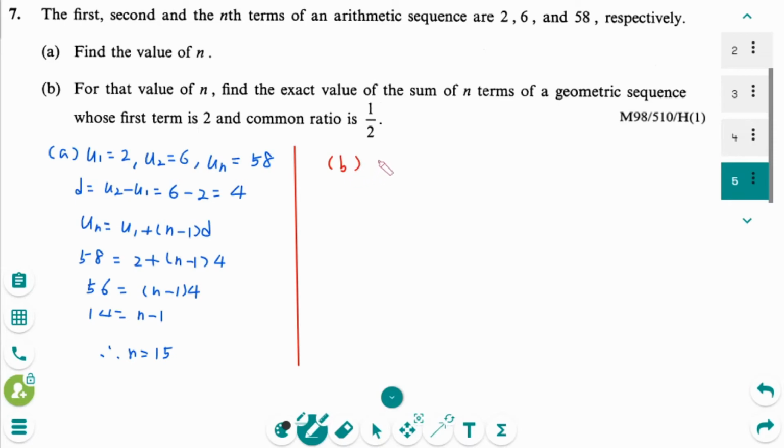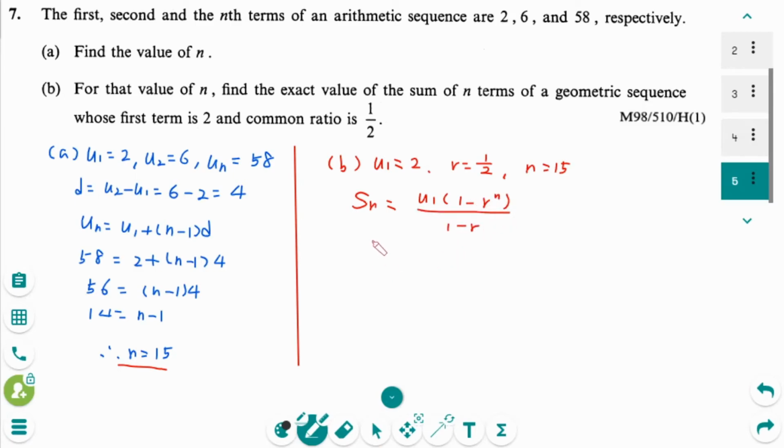Number B. U1 equals 2. r equals 1 over 2. Then n equals 15, we just found it. The formula: Sn equals U1 times 1 minus r to the power of n over 1 minus r.